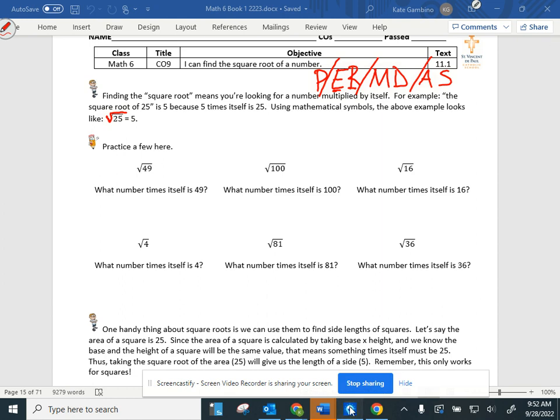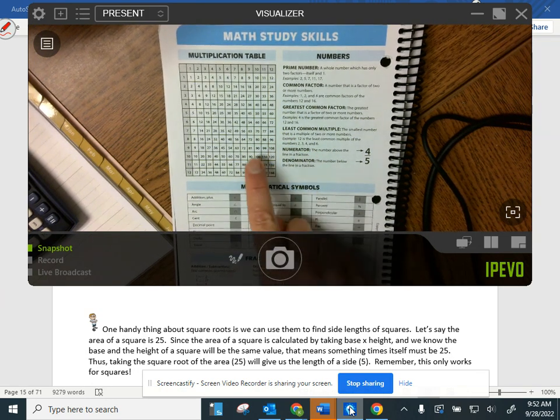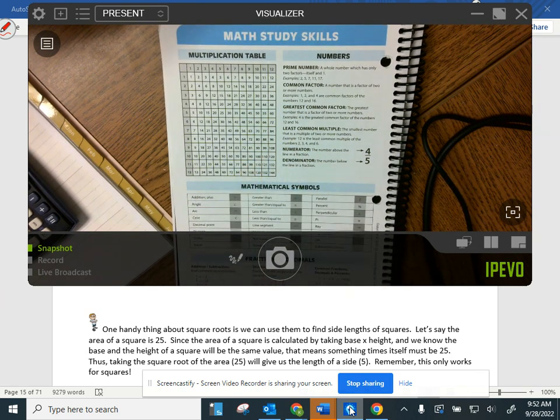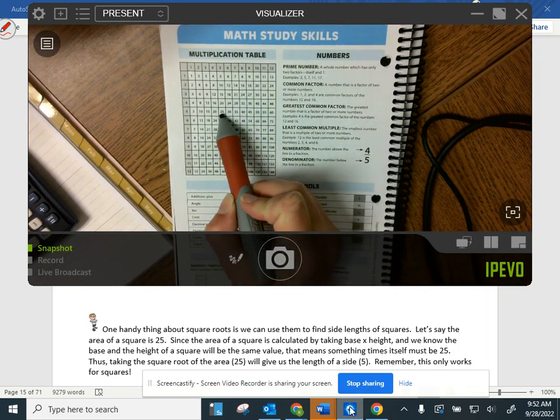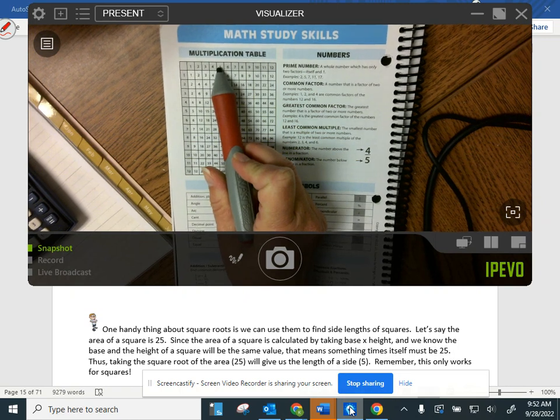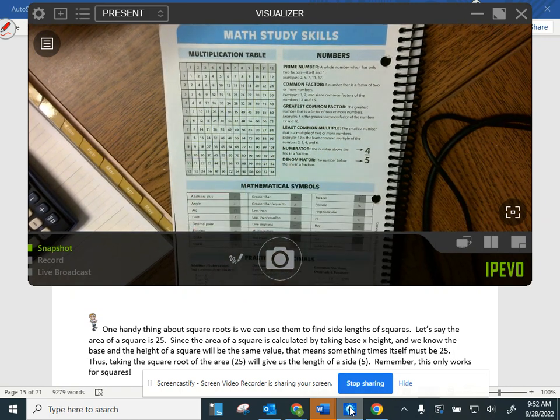In your assignment notebook, on page number 6, we have a multiplication table. So if we're going to use a multiplication table, we're going to find that number 25 right here. We're going to say 25 is 5 times 5. So I know the square root of 25 is 5 because it's 5 times 5.